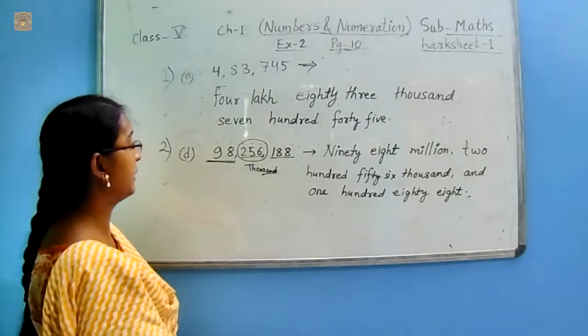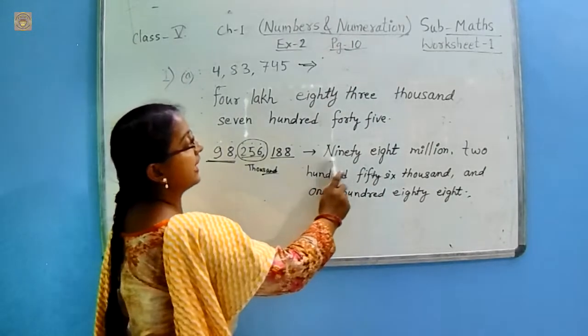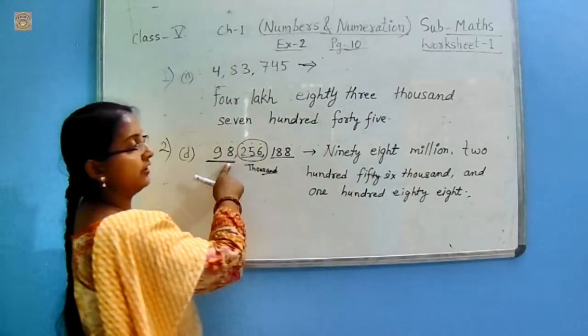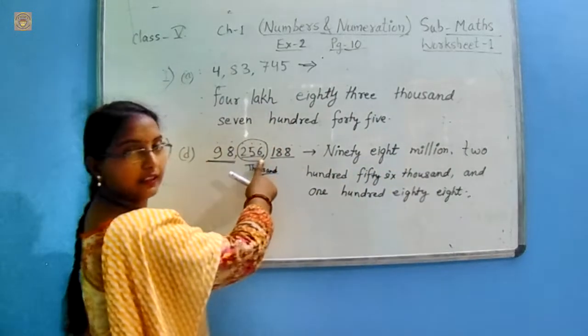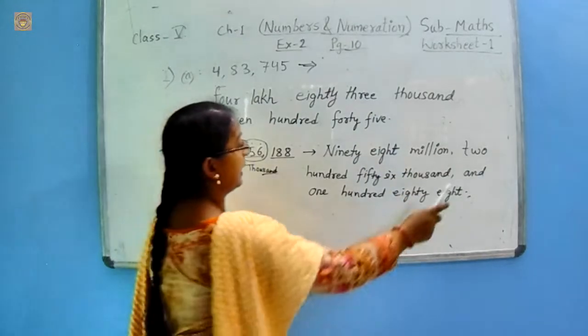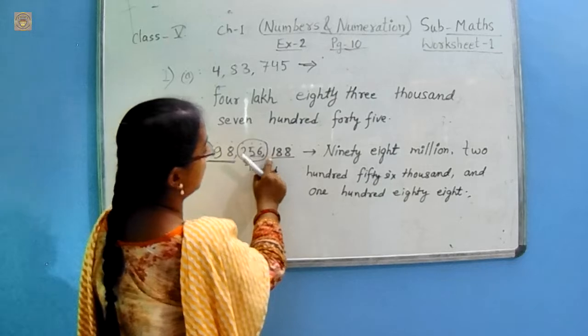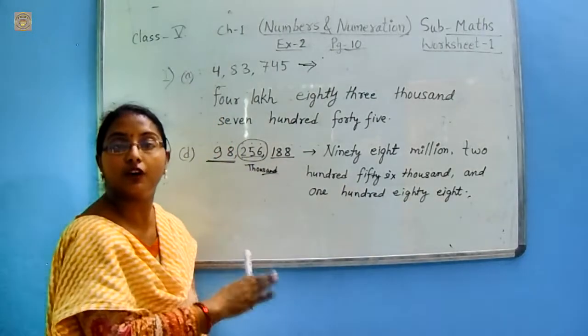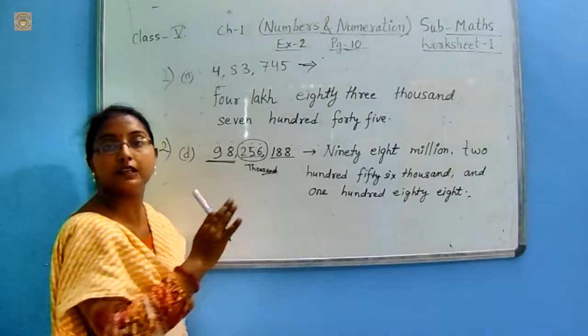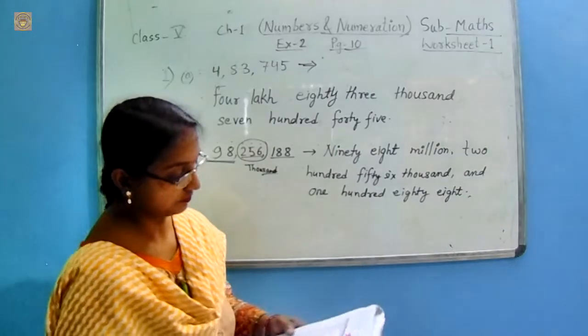So what will be your answer? 98 million here, 256,000 at the 1000 position, and the last one is 188. It will be written in the form of the international place value system.